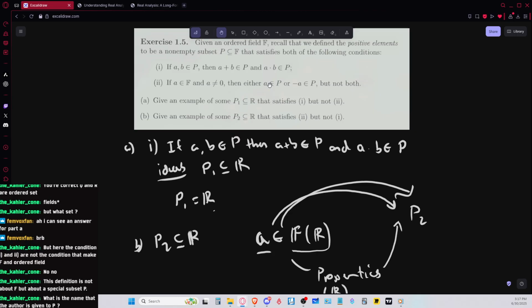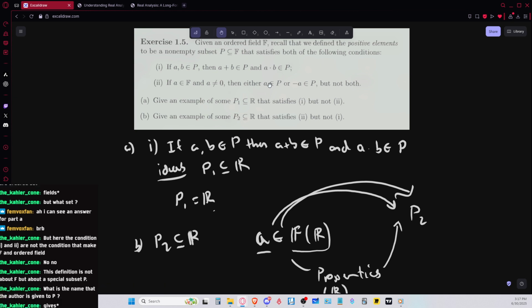What is the name of that author? Is given to P, gives to P. I'm not sure what you mean by that.